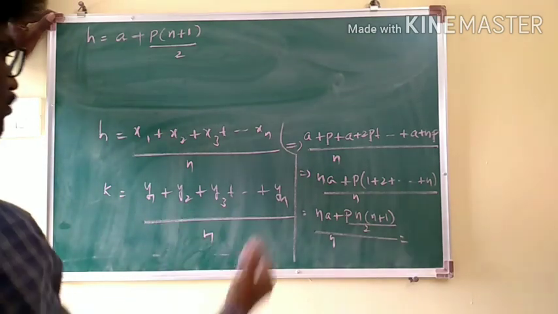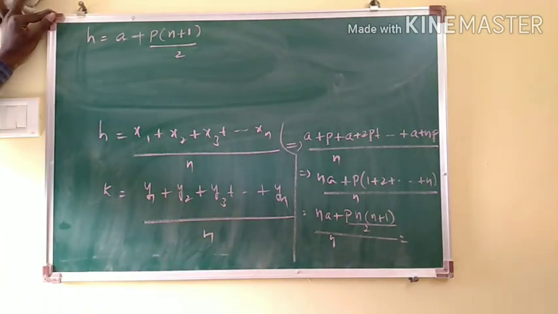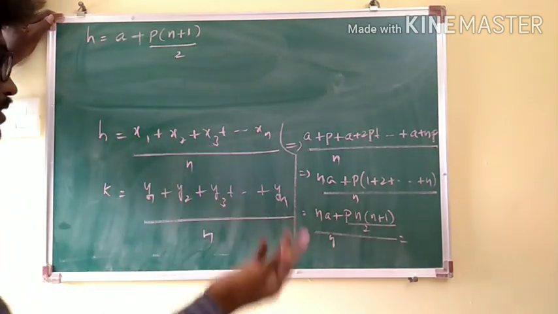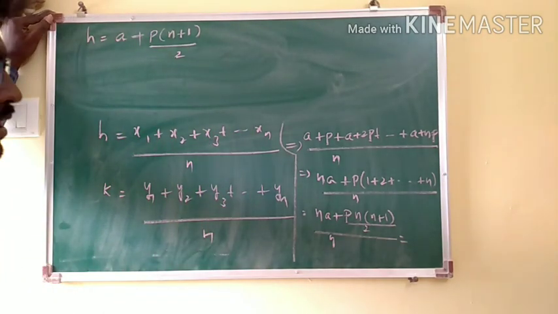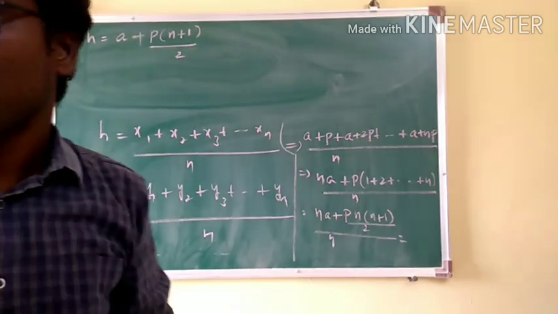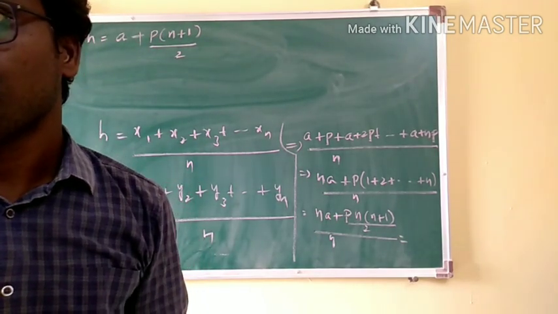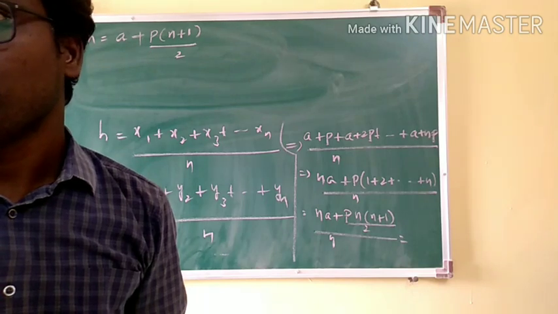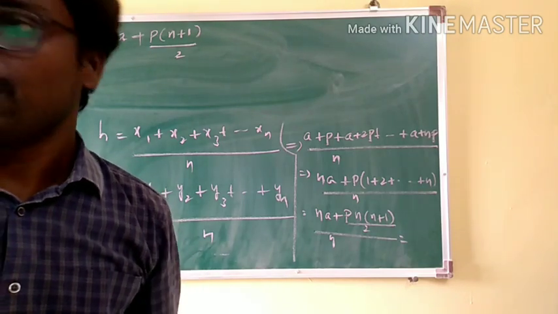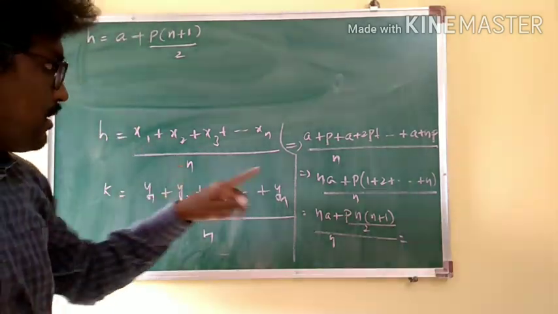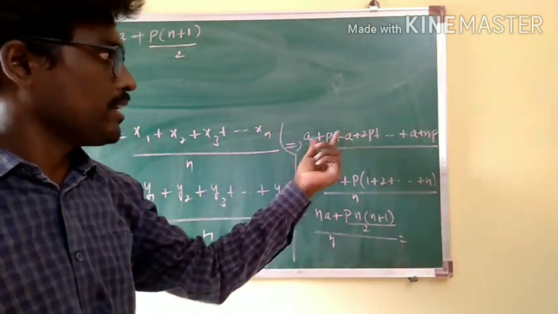And coming to y, what is the common difference in case of y? Q. So in a similar manner, y1 will be A plus Q. Just a minute, here the terms that are given are b, y1, y2, y3. So what will be the first term? Here we have the first term as a plus p, a plus 2p.